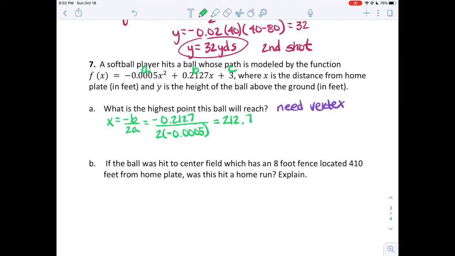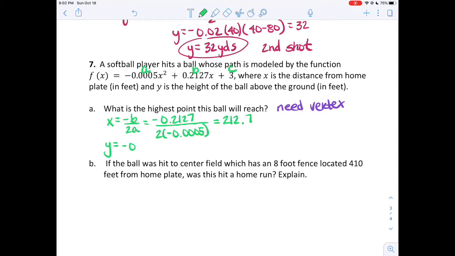But now we need to figure out how high it went at its peak. So we want to know what our y value is. So we're going to plug in 212.7 into this equation everywhere that we see x, and we'll determine what our y value is, or our f of x at 212.7.